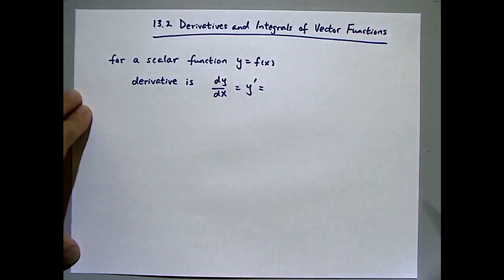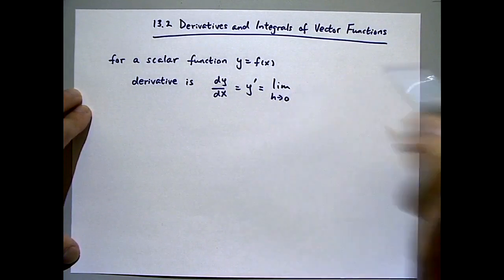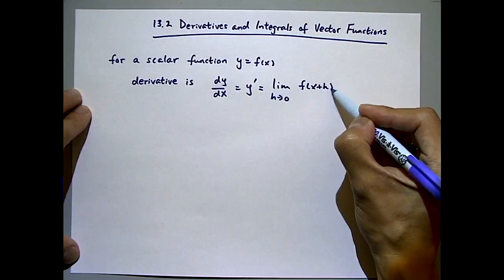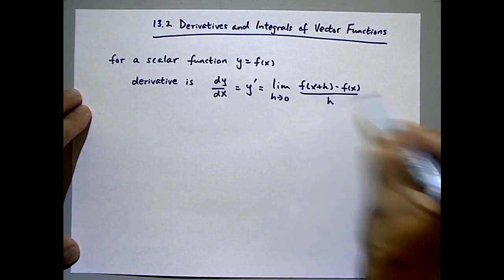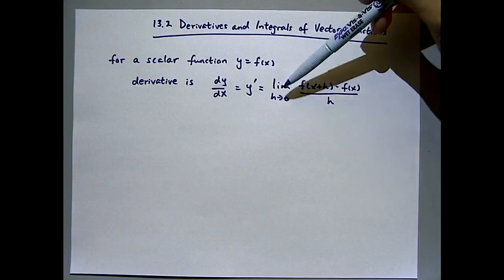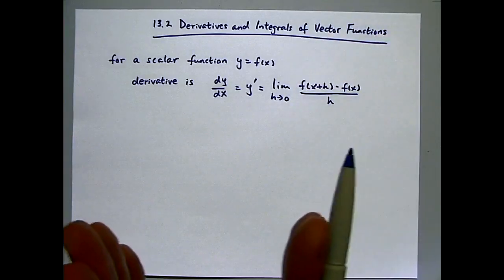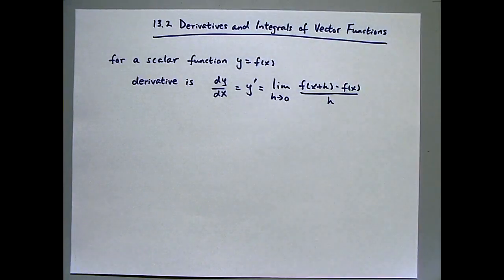Remember, the definition is the limit as h goes to 0 of f of x plus h minus f of x over h. This is just a slope between 2 points, and h going to 0 means we progressively bring the 2 points closer together. In the end, we get the derivative of that function.